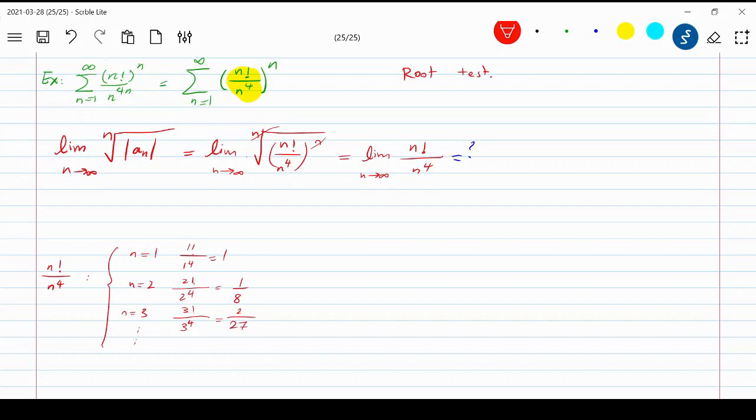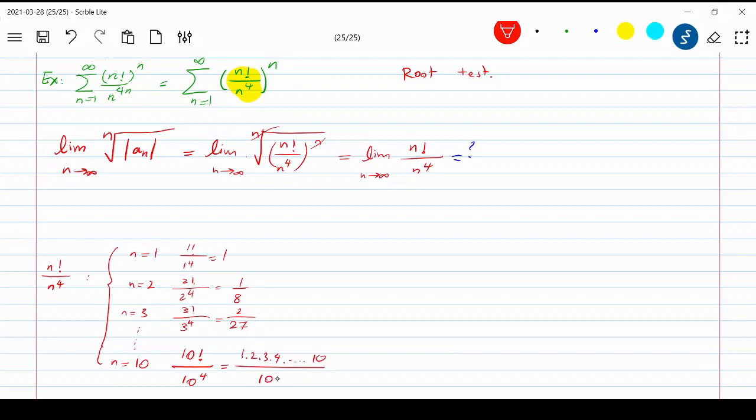Okay, let's say we calculated a bunch of them, and now we have n equal to 10. Here is the important part. In the numerator you have 10 factorial, in the denominator you have 10 to the power 4. 10 factorial is 1 times 2 times 3 times 4 up to 10.